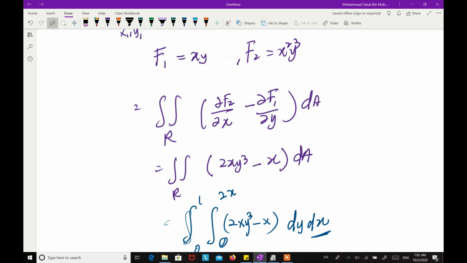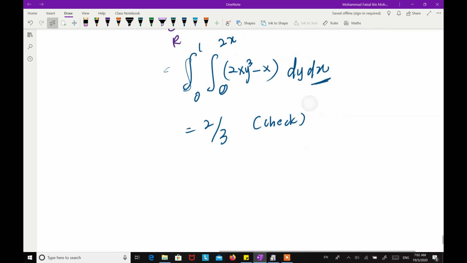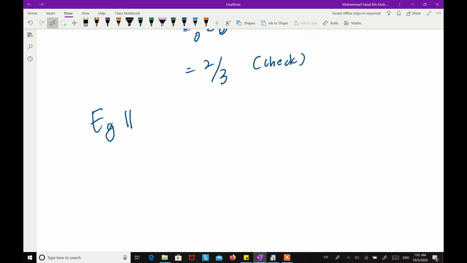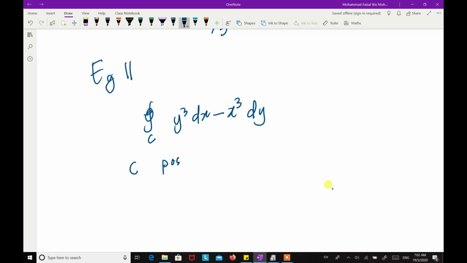Okay, what if the function is provided? See example 11. Use Green's theorem to evaluate the integral of y cubed dx minus x cubed dy, where C is the positive oriented circle with radius 2, R equals 2, centered at the origin.